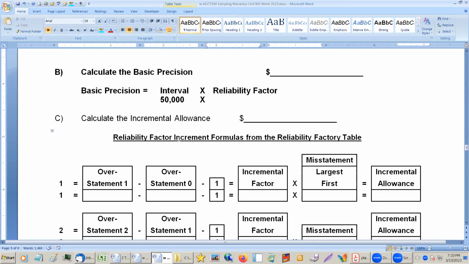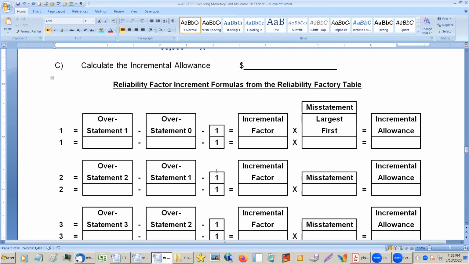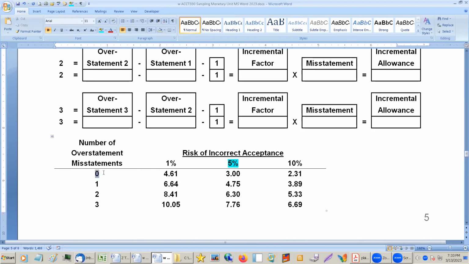Now, here's what the basic precision is all about. Even if there were no misstatements, so if there were 0 misstatements, it's still possible this would be off by some amount, right? It's a sample. So you're going to take it at the 0 misstatements, and this is the risk of incorrect acceptance. So this one is saying, at 0 misstatements, even if you didn't have any misstatements, what could this be misstated by?